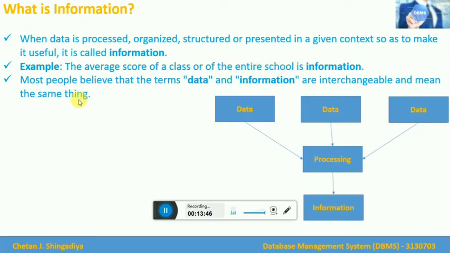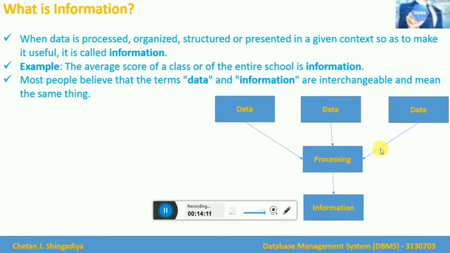Most people believe that the terms data and information are interchangeable, that is, they are both the same. But they are not the same, because data is a raw material and information is processed data. So these two things are different. If you look at this figure, we have three data items.